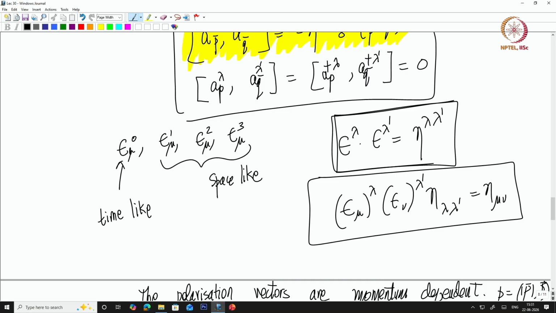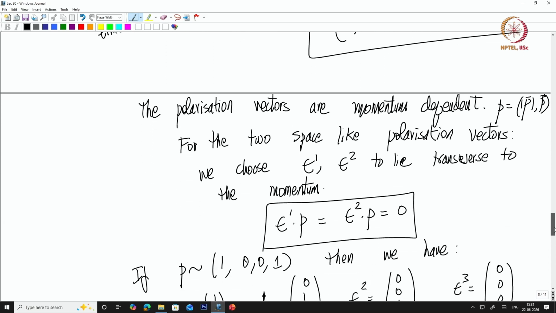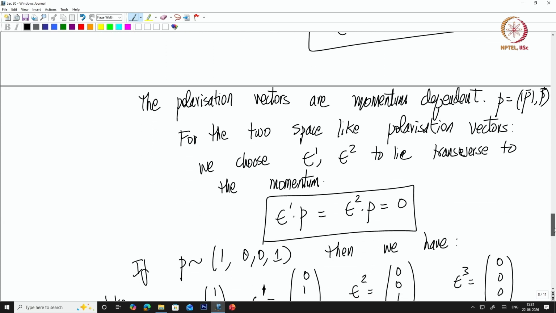One of them can be chosen to be time like, and the other 3 would be space like. Out of these, 2 could be chosen to be perpendicular, transverse to the momentum.